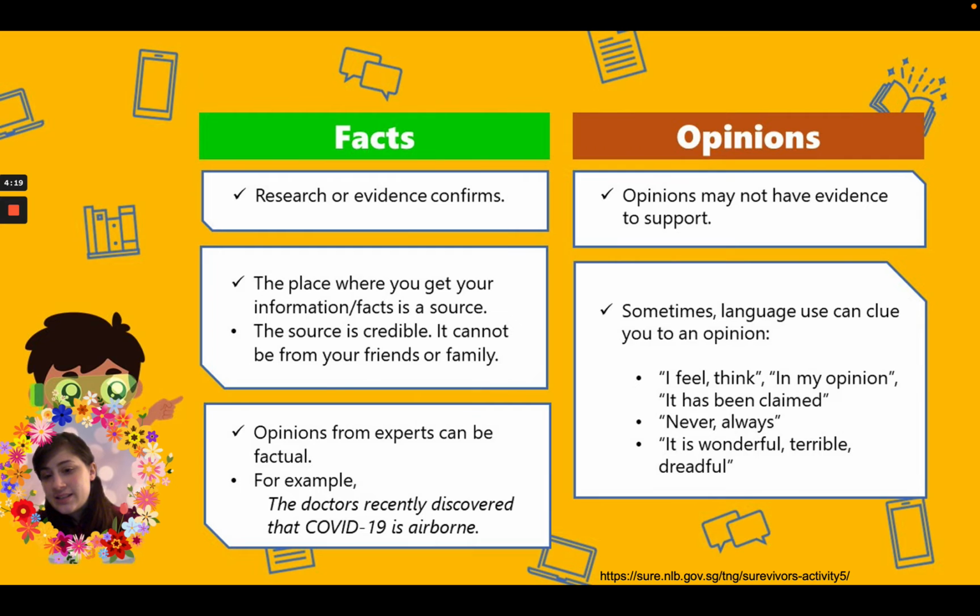Now this here says it can't be your friends and family, but let's say that your mom's a doctor. If your mom's a doctor and she says, hey friend, don't jump off that slide, you might break your arm. Well, I'll tell you what, I sure would believe her because she's a doctor. So also, opinions from experts per this can be factual.